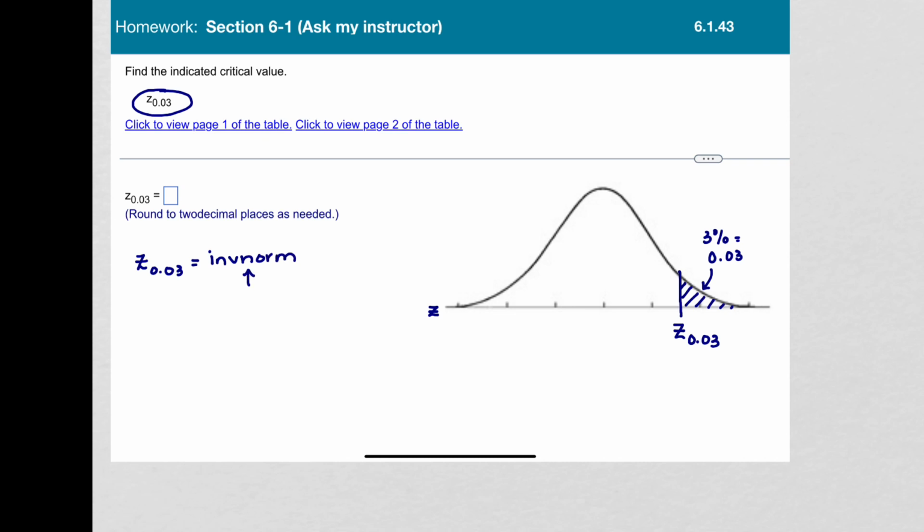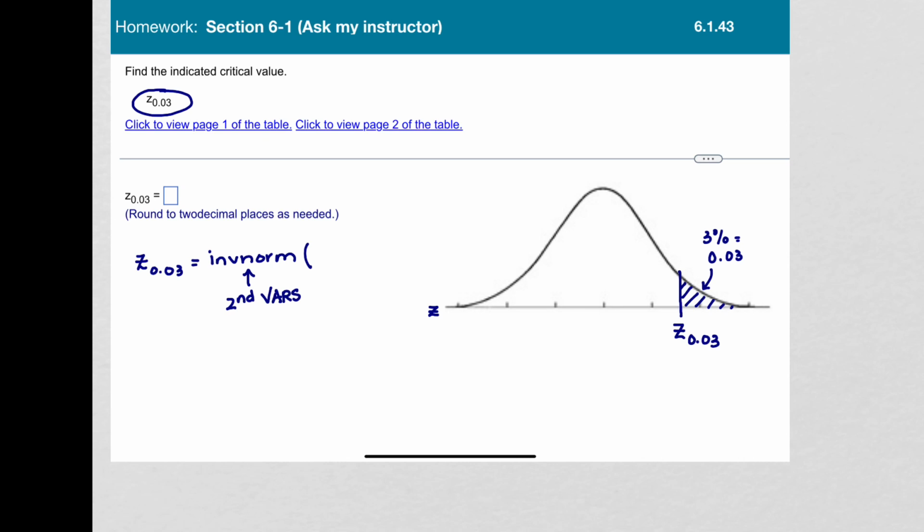To access that, I press second and variables on the calculator, and this will be the third choice in your list. Then I need to put in the area on the left side. This inverse norm function operates by working off of the area on the left-hand side.